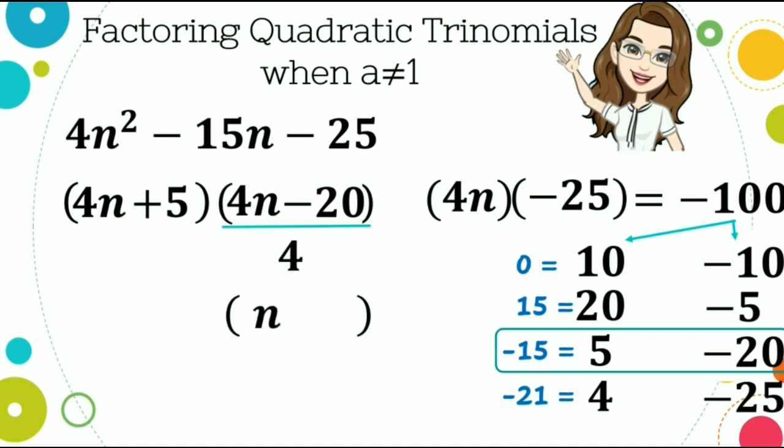Negative 20 divided by 4 is negative 5. Then copy the first binomial. Therefore, the factors of 4n squared minus 15n minus 25 is 4n plus 5 times n minus 5.